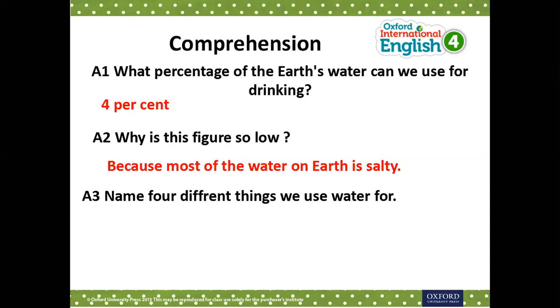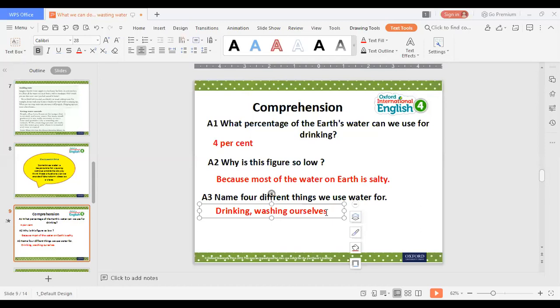Okay, one minute. Drinking. We have a lot. I'll show you. Drinking, washing ourselves. We can add flushing the toilet, watering plants. So we can add this one here. Right with me?